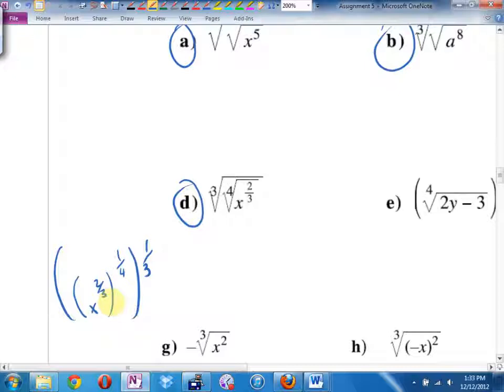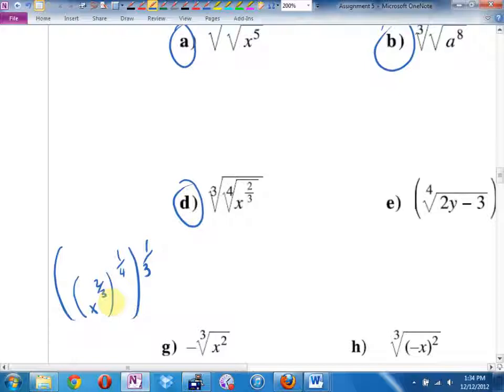What's your power to a power rule? What do you do with the exponents? You multiply. It's going to be x to the 2/3 times 1/4 times 1/3.